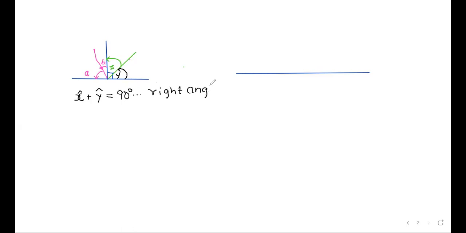That's your reason. You put a statement and you put a reason. Now, in English, we say X and Y are complementary angles.